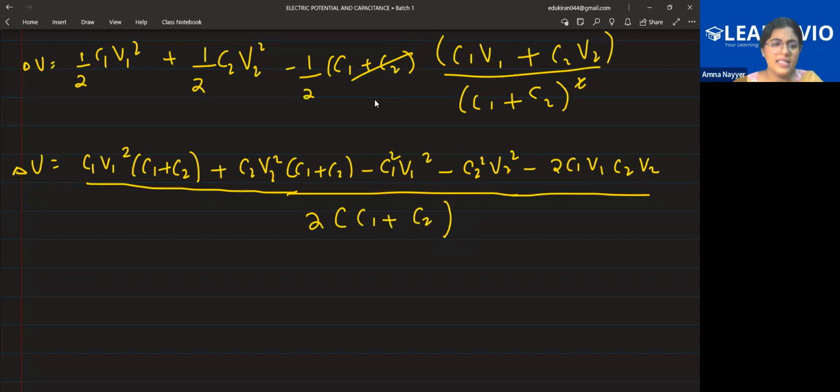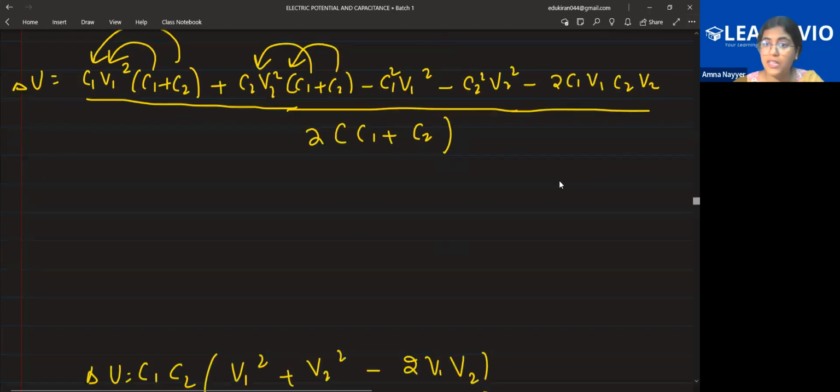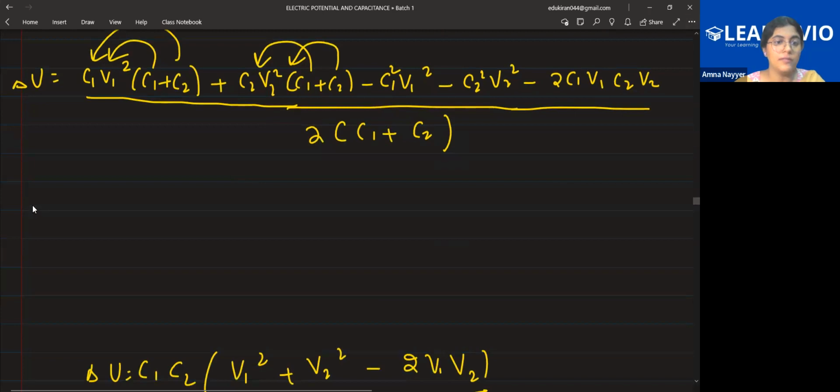Now, is anything being cancelled? Let's do one thing. Let's open the brackets and multiply it with this, and with this. Let's open up these brackets also so that whatever things are common, we can take it as common.